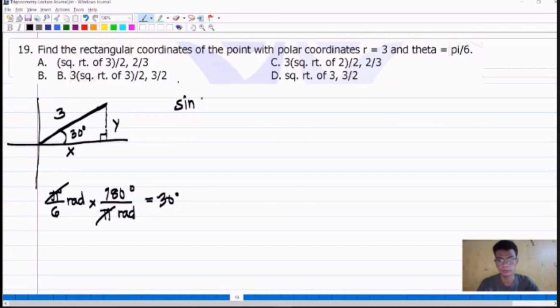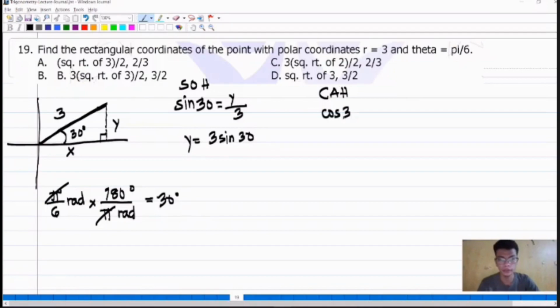Using SOH, sine 30 is equal to the opposite, which is y, over the hypotenuse 3. Therefore, y is 3 sine 30. Using CAH, cosine 30 is equal to the adjacent, which is x, over the hypotenuse 3, so x is 3 cosine 30.